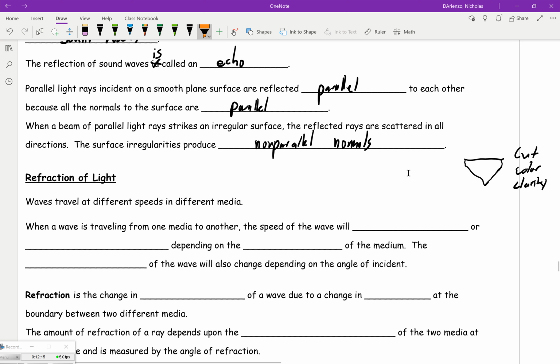A lot of people will tell you that the color is what you want, and some people will tell you that you want it to be a clear diamond. You don't want to look in the diamond and see a bunch of black dots or other irregularities inside the diamond, which is true.